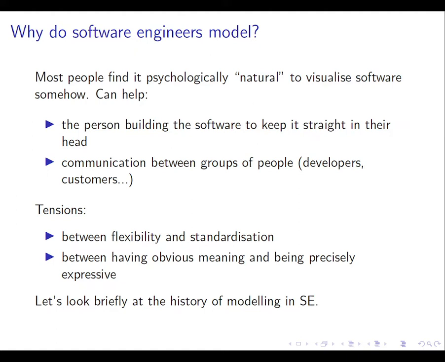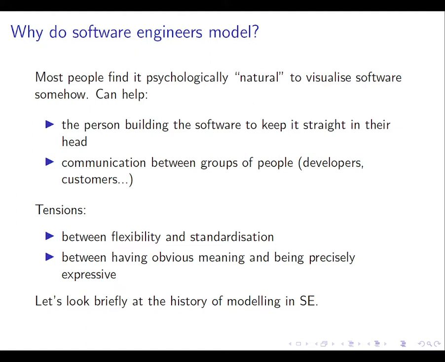Flexibility, obviously, in allowing you to have a notation that precisely reflects your needs at that moment, and standardization in avoiding the risks that are associated with somebody else failing to understand what you mean, or worse, thinking that they understand what you mean, but understanding something different from what you meant to express.